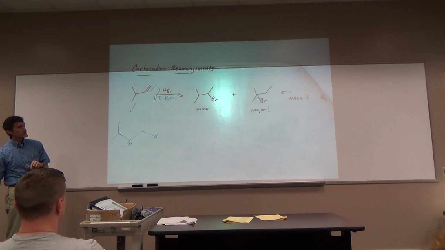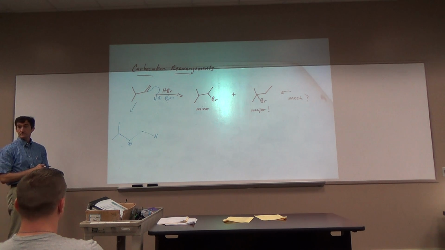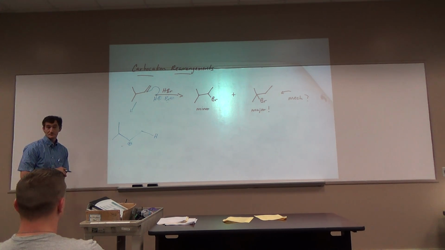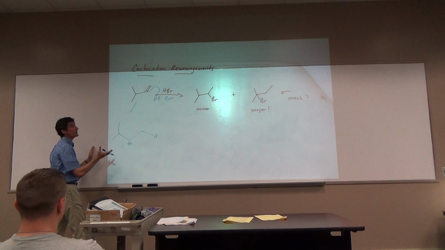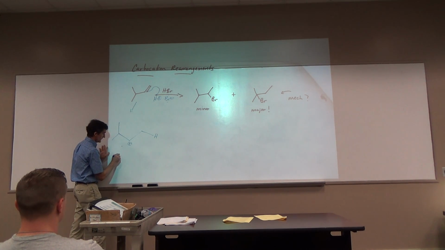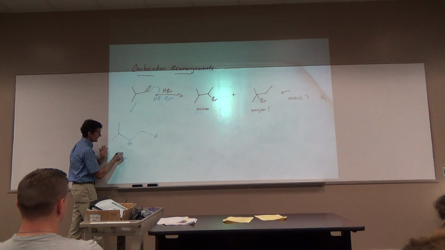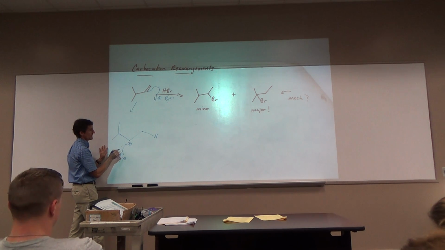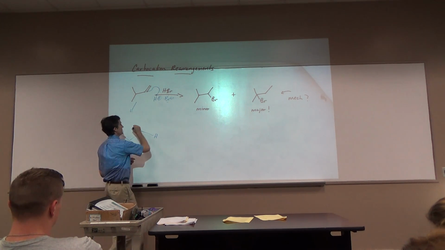How do you think we get the minor product here? That's hopefully a duh question. The Br minus, right? Just like we did, this acts as a nucleophile here, and that would give the minor product.